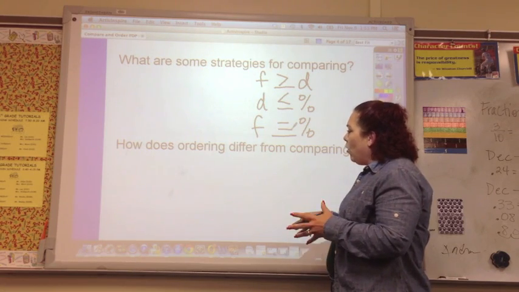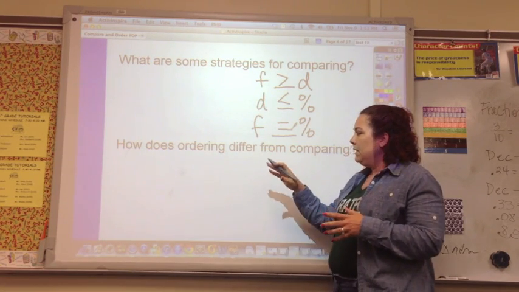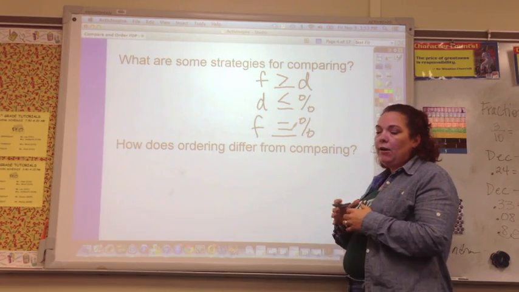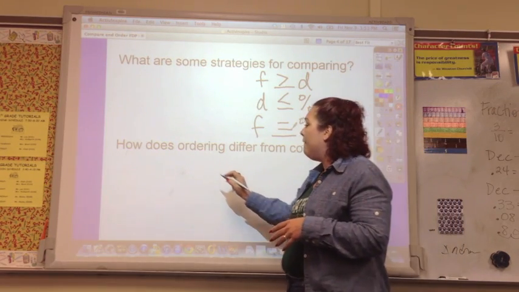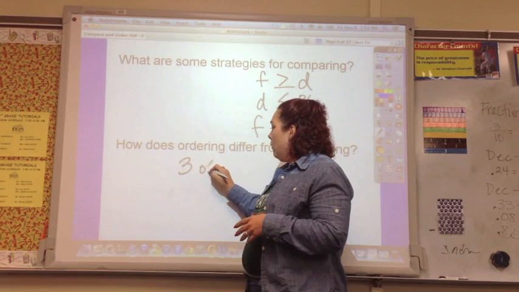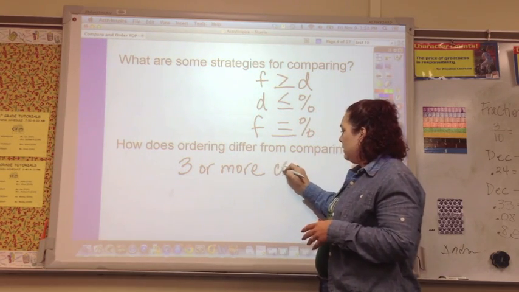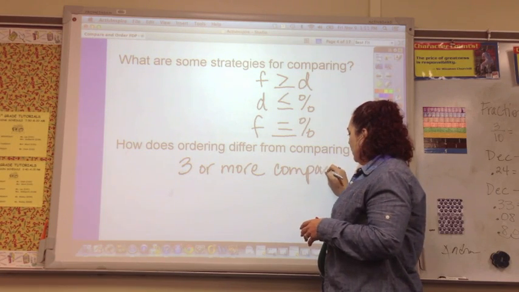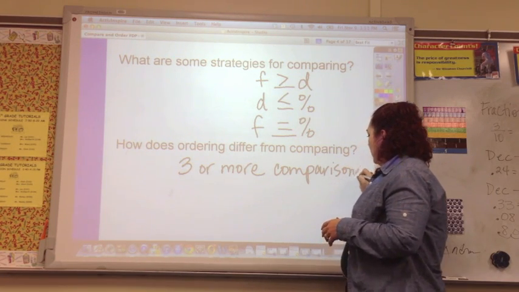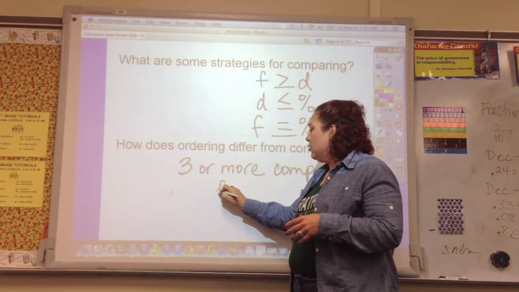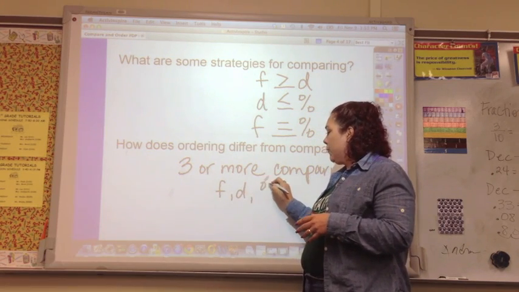And then ordering's a little different. It says, how does ordering differ from comparing? Ordering is where you have three or more comparisons. So you may have a fraction, a decimal, and a percent.